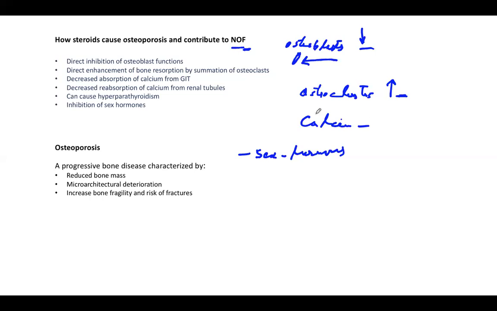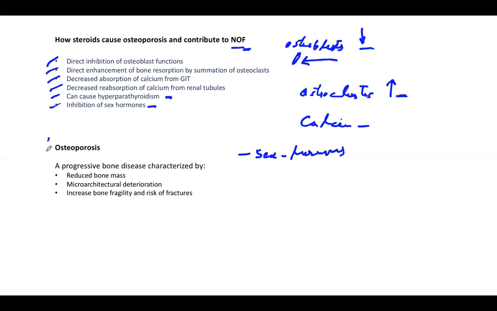They may also cause hyperparathyroidism, and they inhibit sex hormones, which also predisposes to osteoporosis. So there are several mechanisms. This can result in osteoporosis and fracture of the neck of femur. So this is one of the reasons we do not want to give a person long-term steroids.